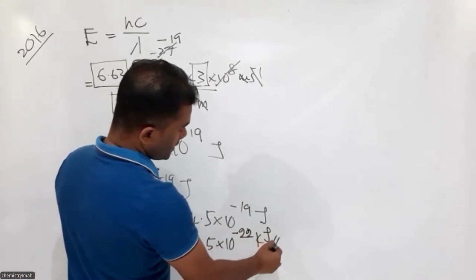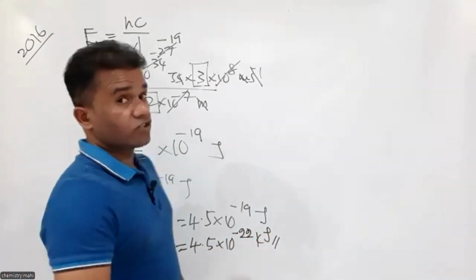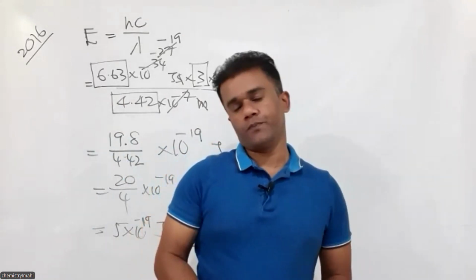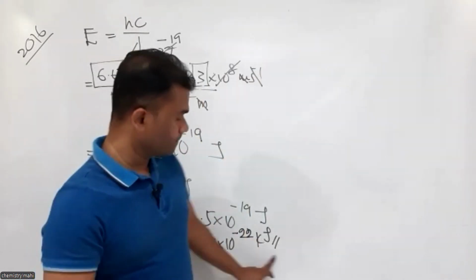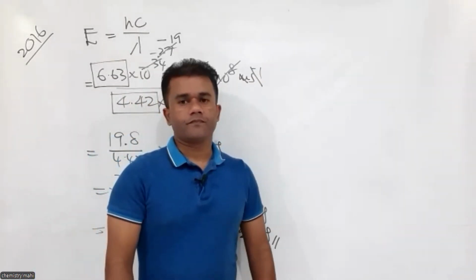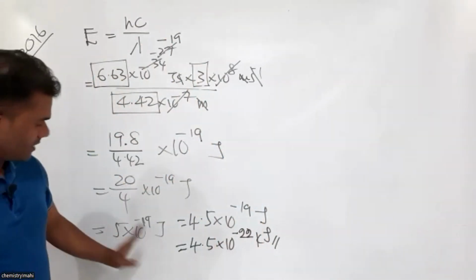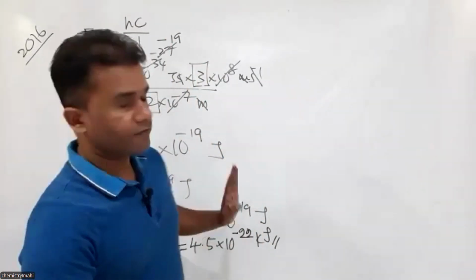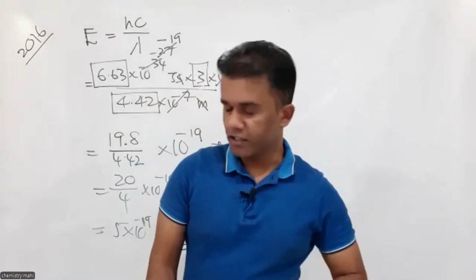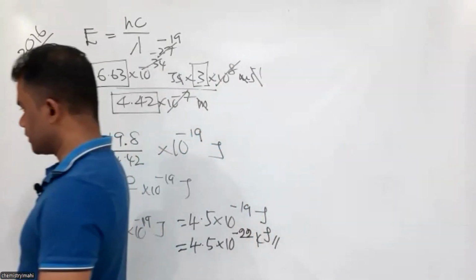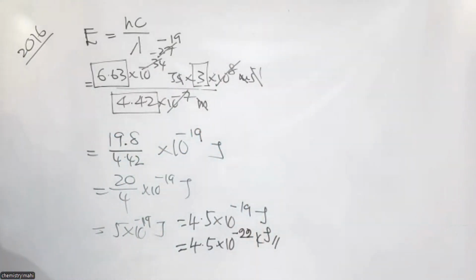So if you convert this into kilojoule, it's not minus 19, it's minus 22. Then that value is given in the fourth answer. I know most of you forget the unit part and end up with this answer, 4.5, 10 to the power of minus 19. Then you have to be careful. Maybe you got that first answer and mark it, jump to the next one.